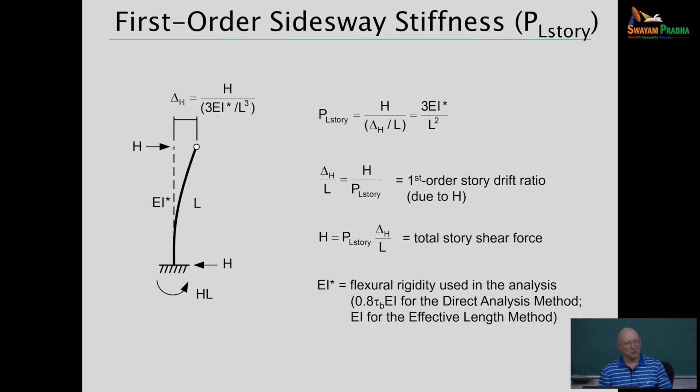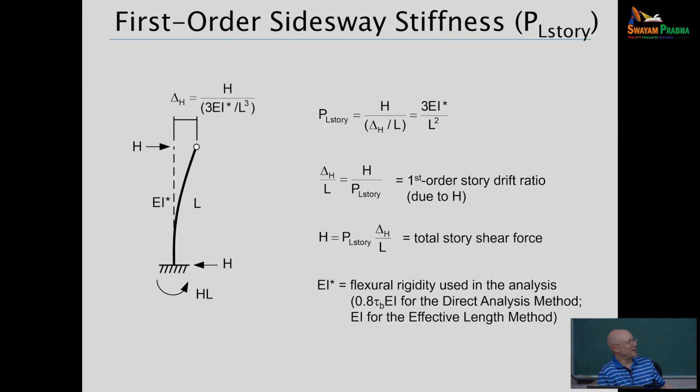It's a PL story, and you say, well, P? Okay, yeah, we'll see why we call it a P, but think of it as a story stiffness. But it's a little bit different definition of story stiffness than what we used in the denominator there and what we just walked through. PL story is the lateral load H per unit drift ratio or unit rotation, delta H over L, if you wish.